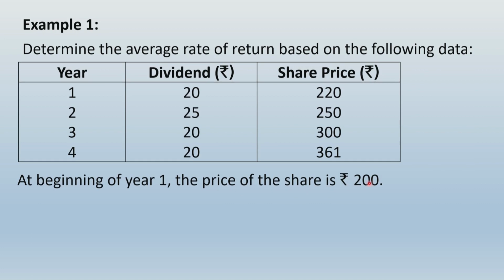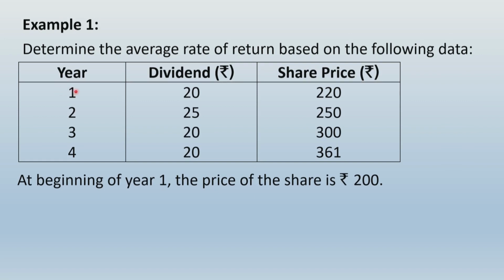So this is the initial price at the beginning of year 1. So when in the question they have written year 1 and dividend and share price given for year 1, it is implied that this cannot be the price at the beginning of year 1. That price at the beginning of year 1 is 200, and anyway when we write year 1, we always mean by end of year 1.